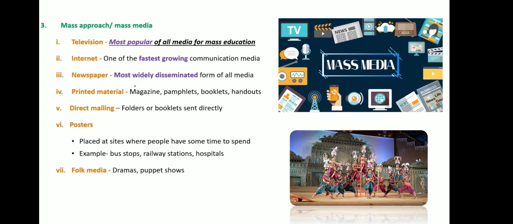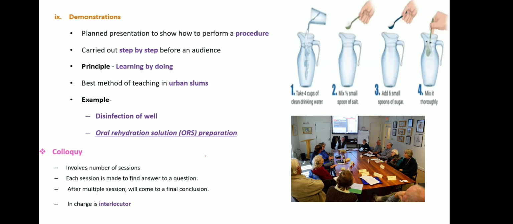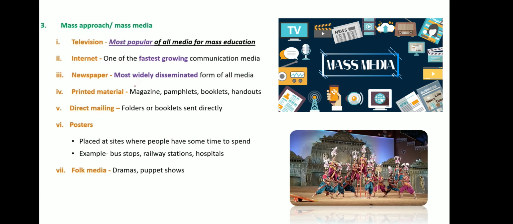In total we have 9. I hope you are clear and have all of the points in mind. What are those? Lectures, demonstrations, group discussion, panel discussion, symposium, workshop, conference, seminars, and role play. So this was about the group approach.